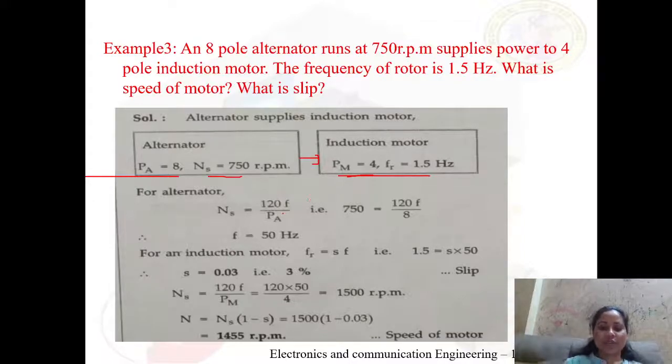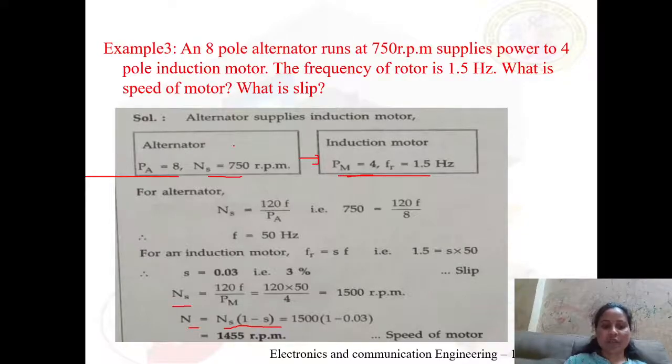Okay, so let us calculate the speed of the motor using this equation, that is Ns into 1 minus slip.